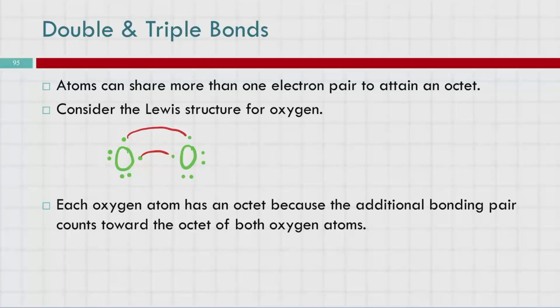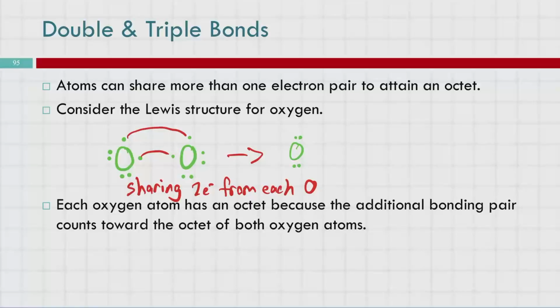If it shares 2 electrons, so sharing 2 electrons from each oxygen, then we get the oxygens with their lone pairs, the 2 bonds, the other oxygen. And now if we do a count, each of these has 4 electrons from the lone pairs. The lone pairs are here in green.